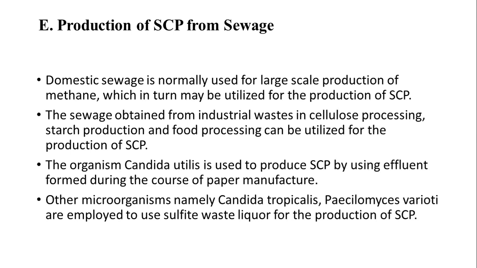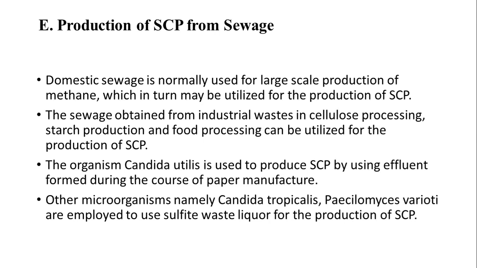Sewage obtained during paper manufacturing contains Candida, which is utilized, and this organism produces SCP. Other microorganisms obtained from the sulfite waste liquor process, such as Candida tropicalis and Paecilomyces varioti, are also used for production of SCP.